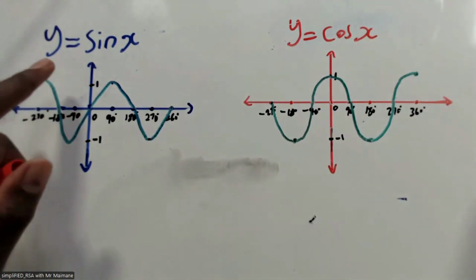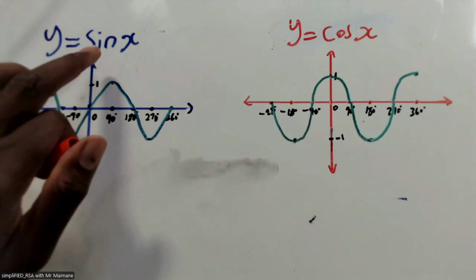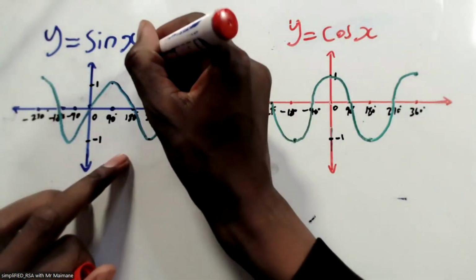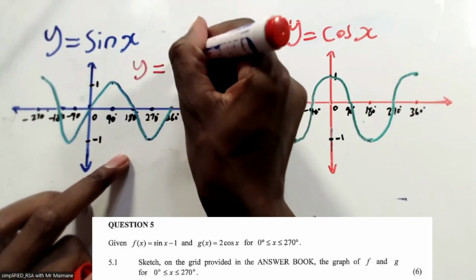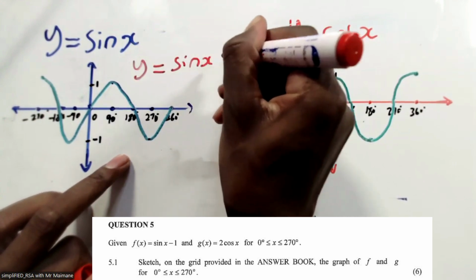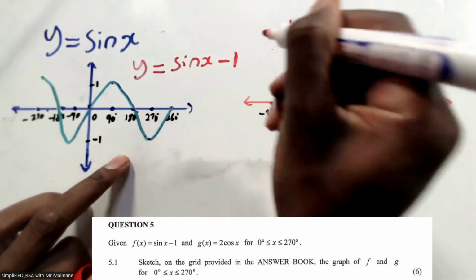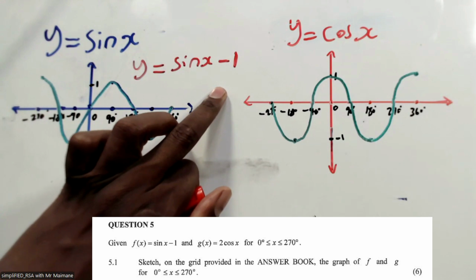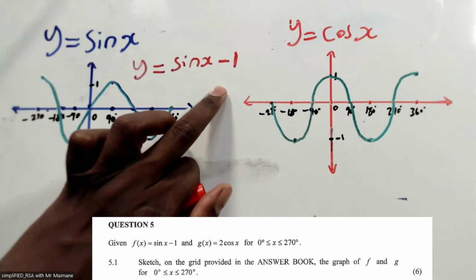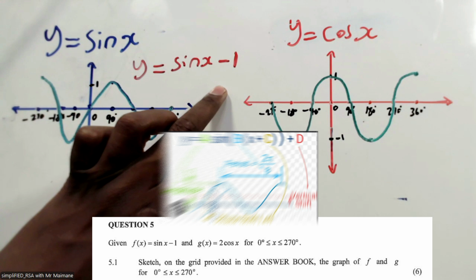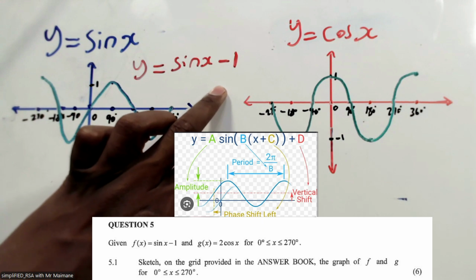So let me show you from the standard form what our changes are going to be for these ones. For standard form, we have y equals sine x, right? And now in our question, we are given that y equals sine x minus 1. In this case, for our transformation formula, we can relate it to the case where d is added.